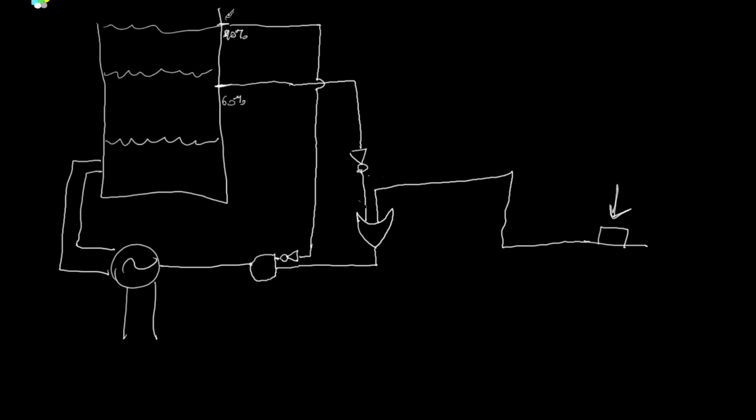So as long as this one is 0, as long as we haven't reached 90% yet, this will be 1, and the input here will just go through to here. So if this is a 1, this will become a 1. If this is a 0, this will become a 0. So this AND gate here is acting as basically a gatekeeper to whether or not this input can actually get through to the motor.